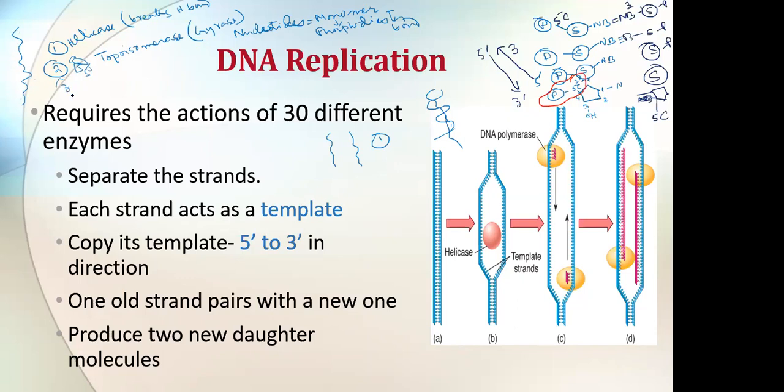Then another protein, called single-stranded binding protein, gives weight. It's like if you have a coil or spring, and you put weight on the spring, then that weight helps to stretch the spring, right? So if you add more weight, it will stretch more.